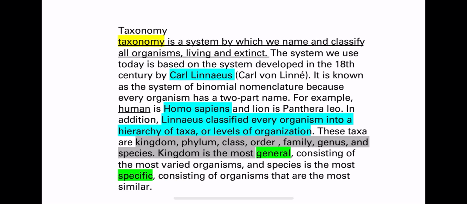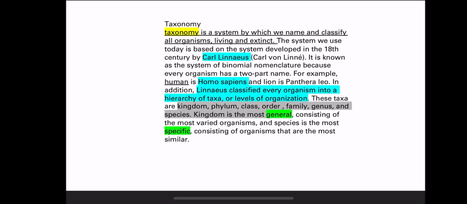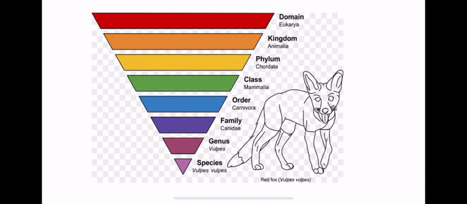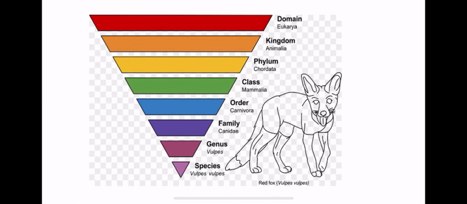Let's see one example of classification of a certain animal, like the red fox. The name red fox is known only to English speakers, but what's the scientific name that's known to all? Let's see the classification. In the new classification, they put domains. Domains are the most general, one domain composed of many kingdoms.